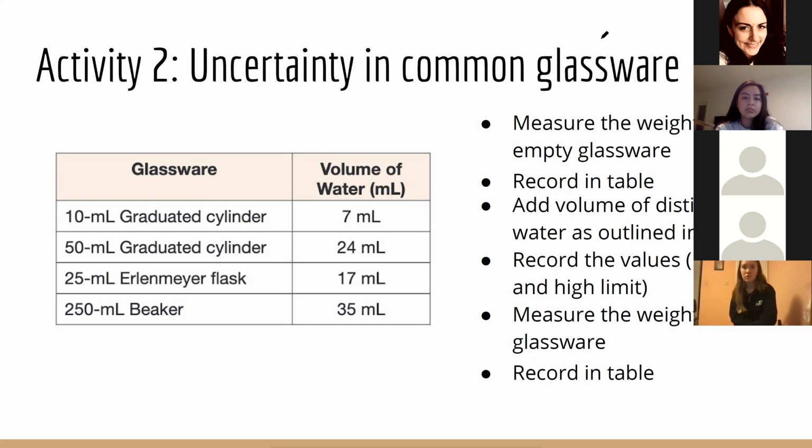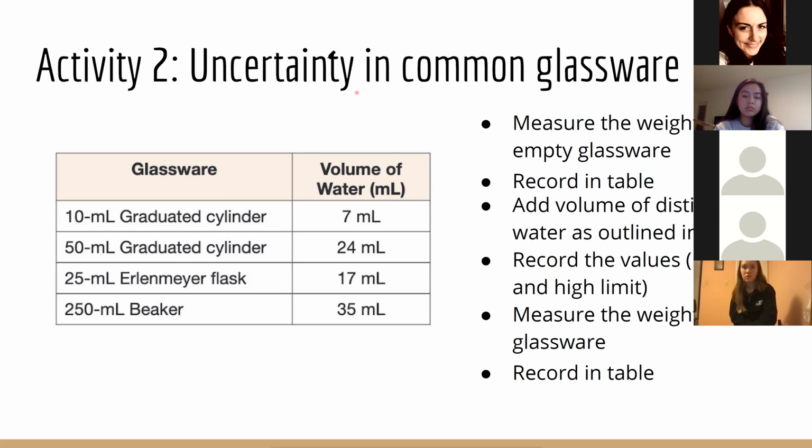Then you measure the mass of the filled glassware, or you could also just hit tare and measure it before and after. Then record the mass of just the water. We're going to take that mass of water and convert it to a volume.